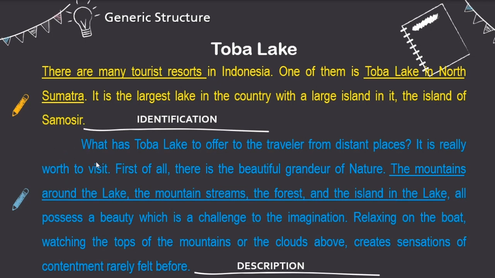And second, this is description. Description explains the special characteristics possessed by an object. You can see the sentence, the mountains around the lake, the mountain streams, the forest, and the island in the lake. The sentence explains the characteristics of Toba Lake.